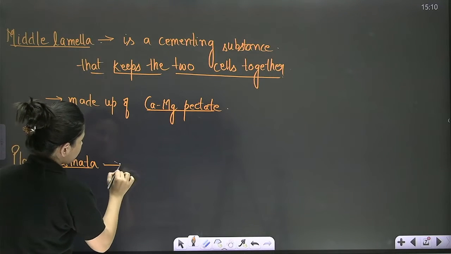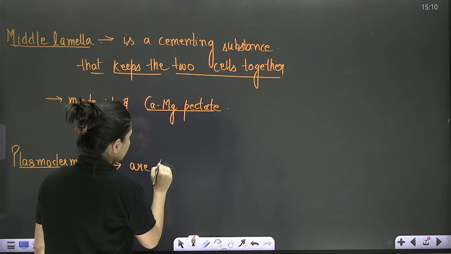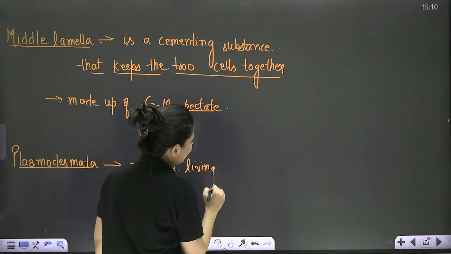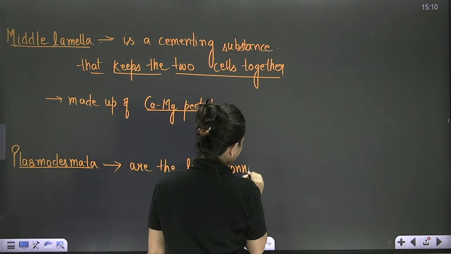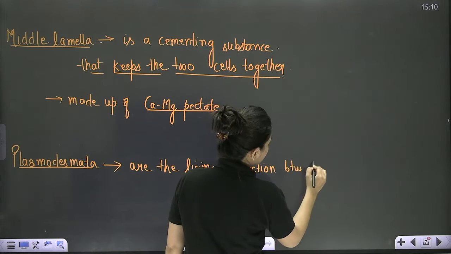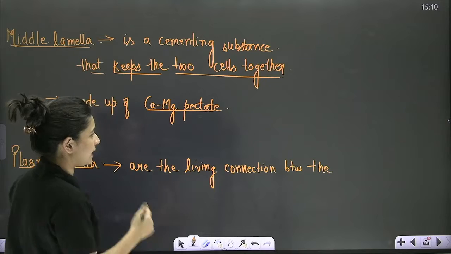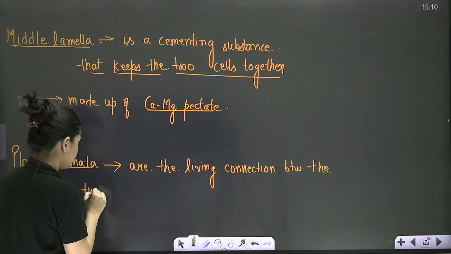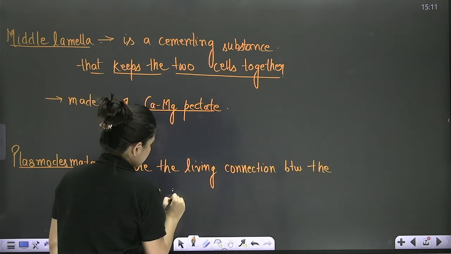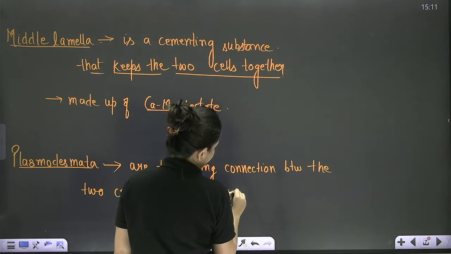So, the next is plasmodesmata. Now, what is plasmodesmata, beta? These are the living connections between the two cells that allow the exchange of material.